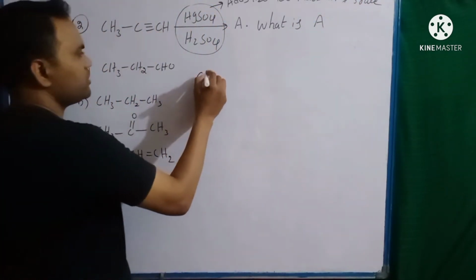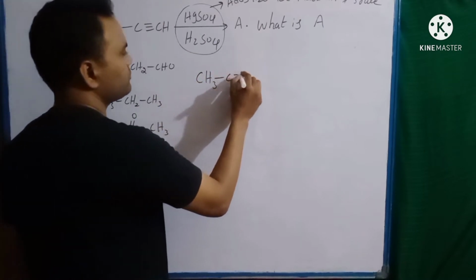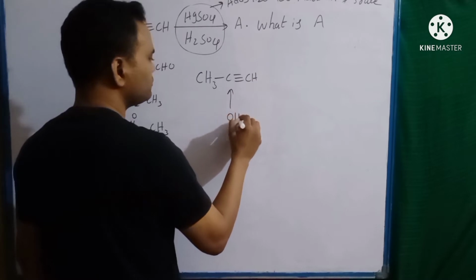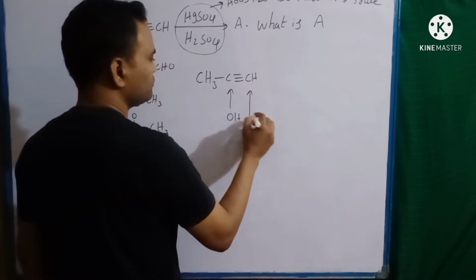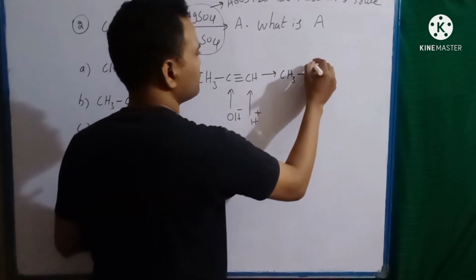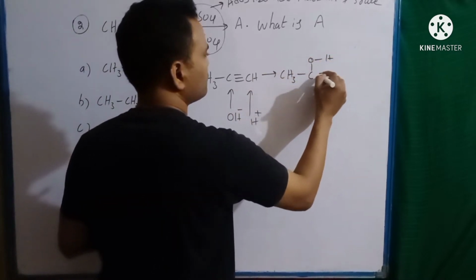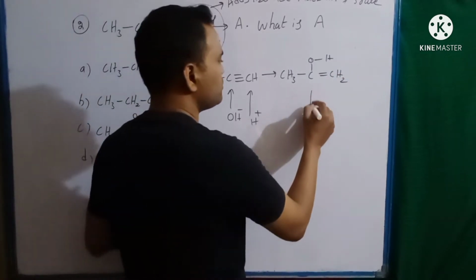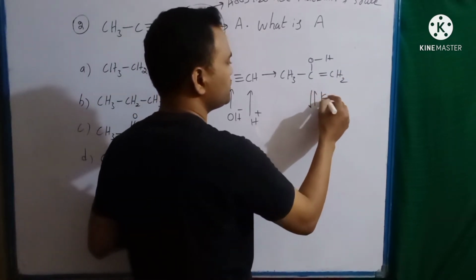Let us write the mechanism. And in the next step, keto-enol tautomerism will take place.